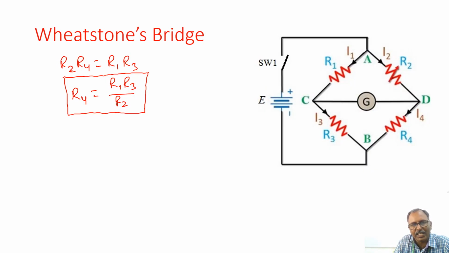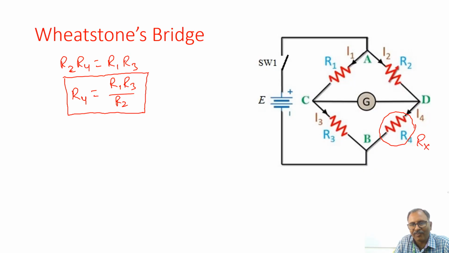Whatever the resistance of the element that we need to find out, generally that is going to be connected in place of R4. Let us take the resistance of the element that we need to find out as Rx.